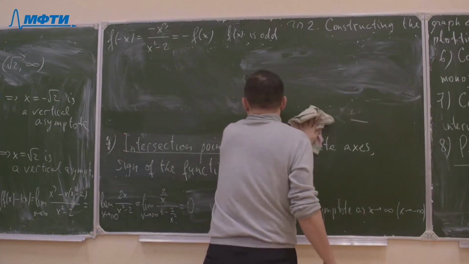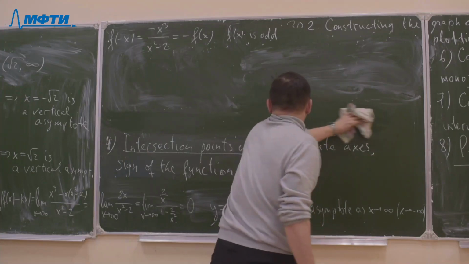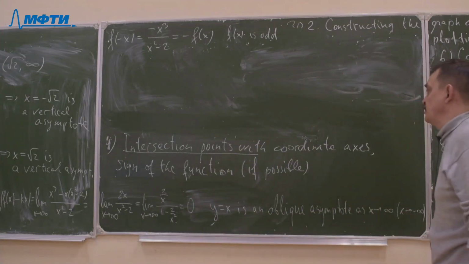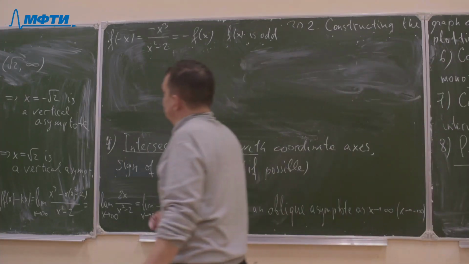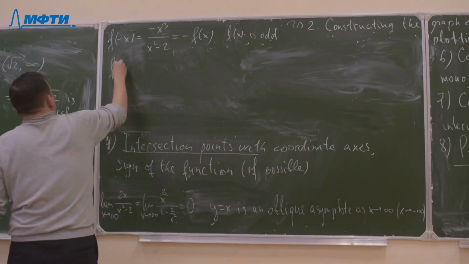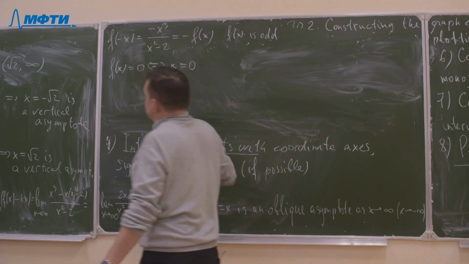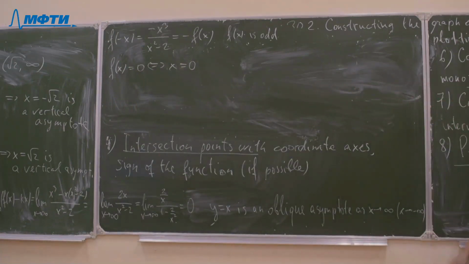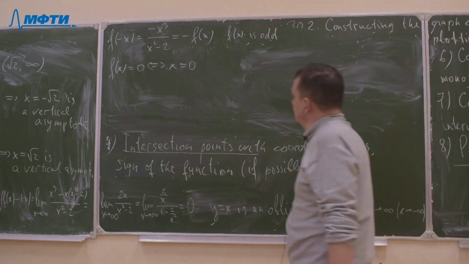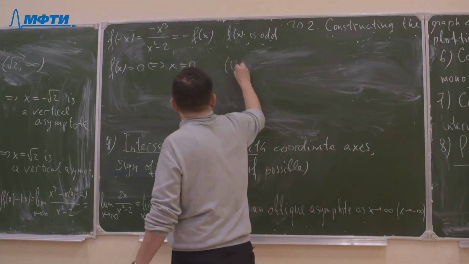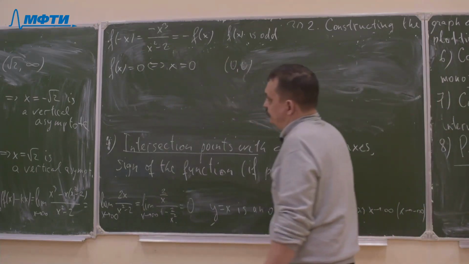And fourth step, intersection points with coordinate axis. So f of x equals 0 is equivalent to x equals 0, obviously, right? And it means that we have the only intersection point 0, 0.